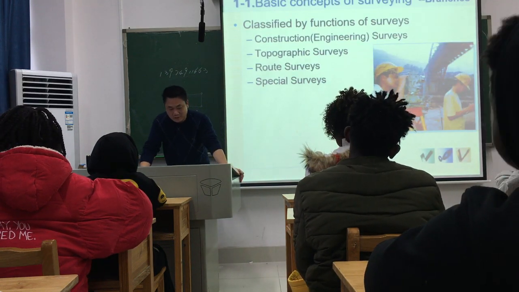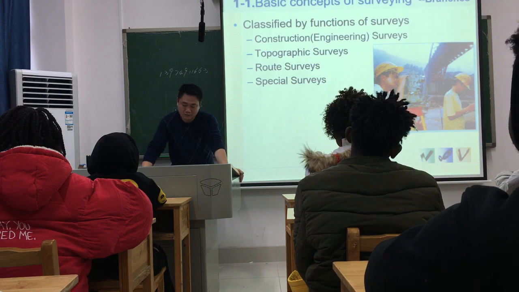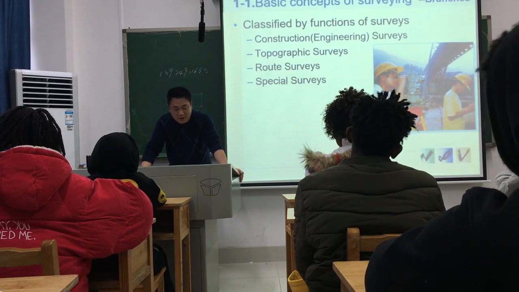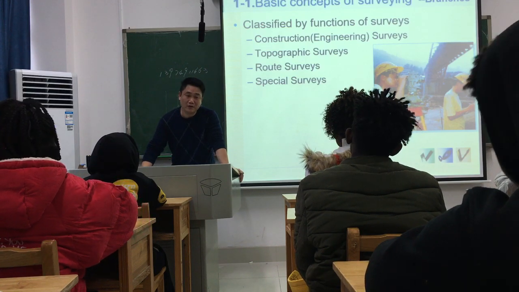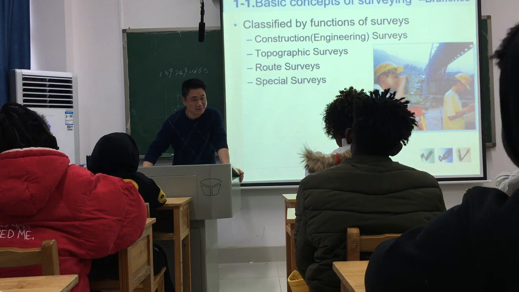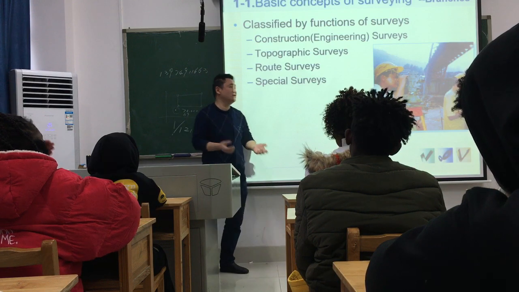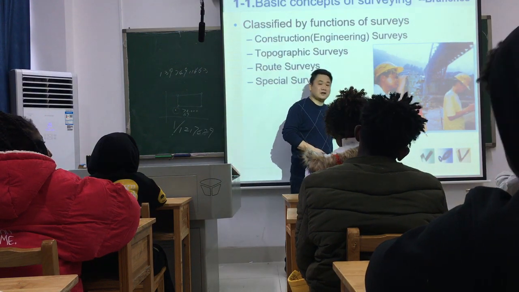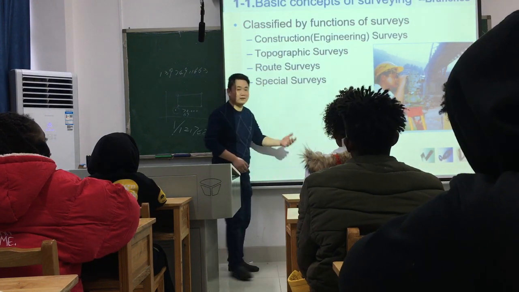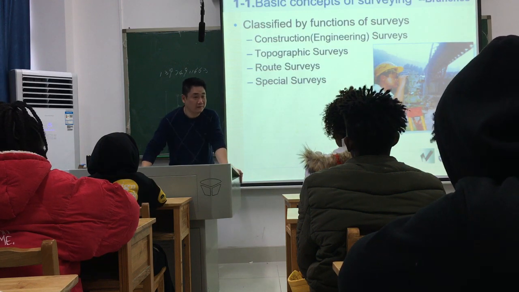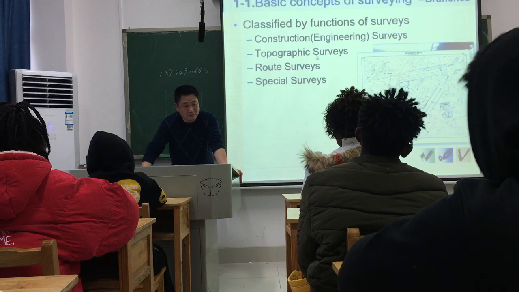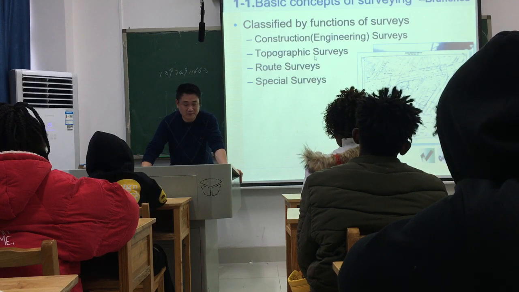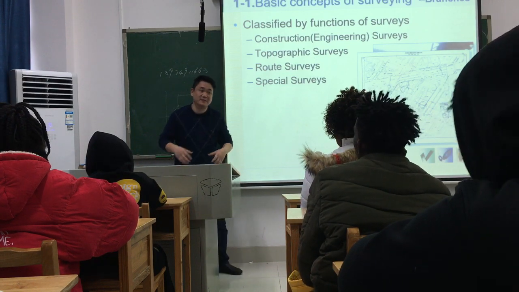And for example, for construction, we use some instrument to determine the location of points of design on the map and find the real position on the ground and make a mark to tell others where to build the building. Yeah, build the building. And for topographic survey, the main purpose, the main function, is to get the map.